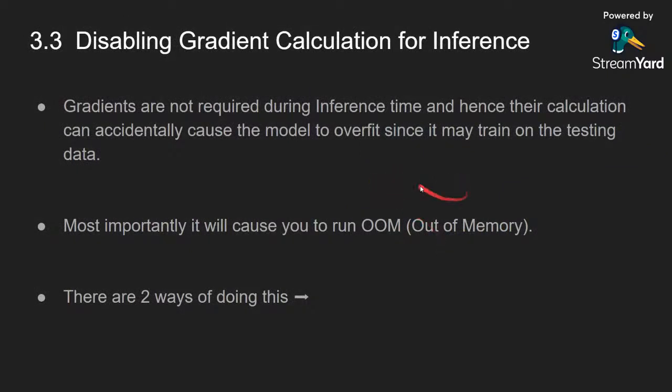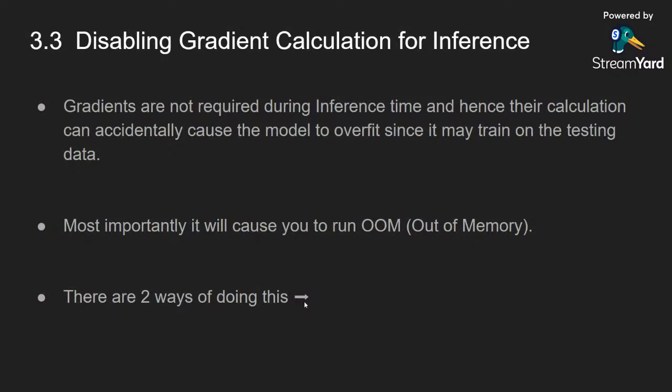Okay, so next is disabling gradient calculation for inference. When you are training a model, you want the gradients to be calculated, right? But at inference time, say you are doing validation, or you're just getting predictions from your model in production, you don't really need the gradients, because they can cause a lot of problems.